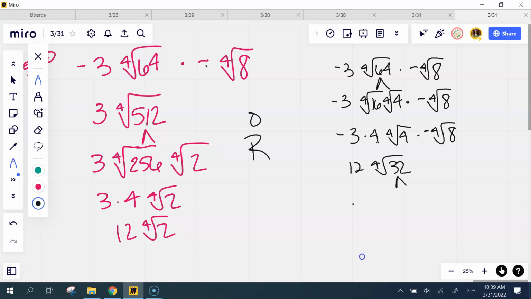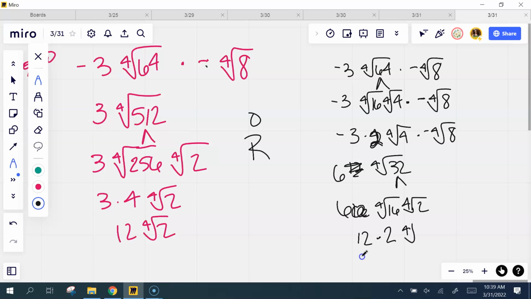Then I could split this up. 16 and 2. What did I do? Oh, you're right. So this is 6. Thank you.